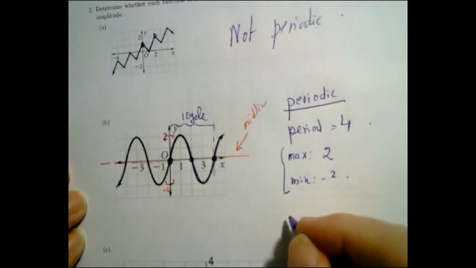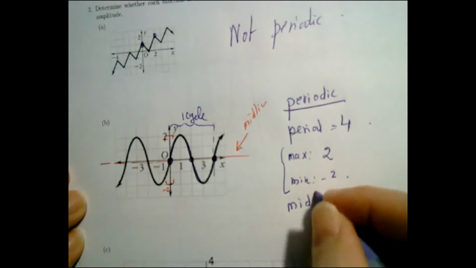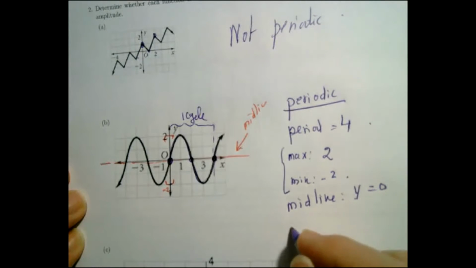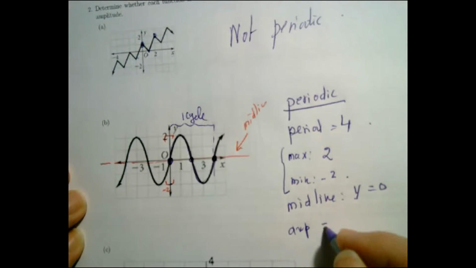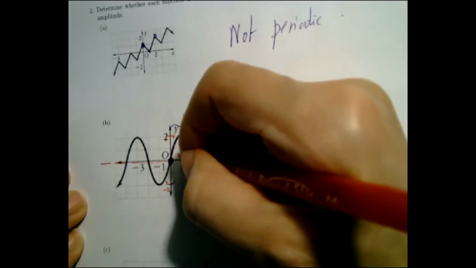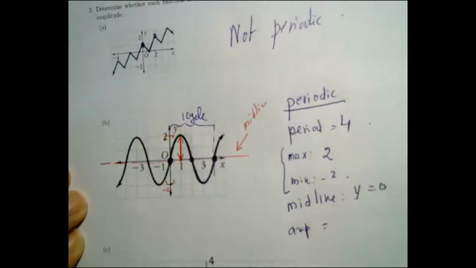So the midline is y equals 0. And the amplitude is the distance between the midline and the maximum value. That's the amplitude right there, so it's equal to 2.